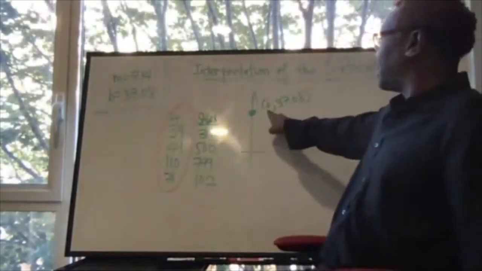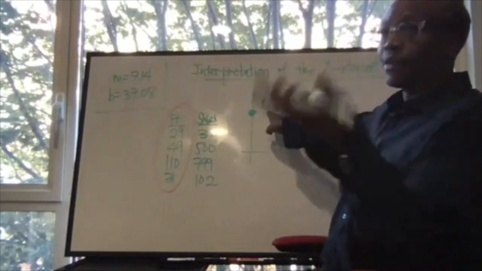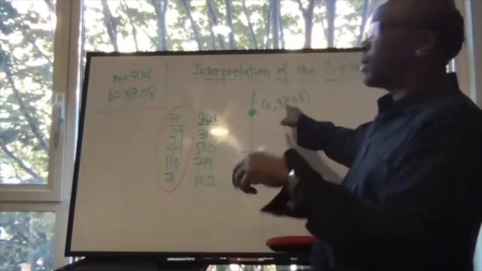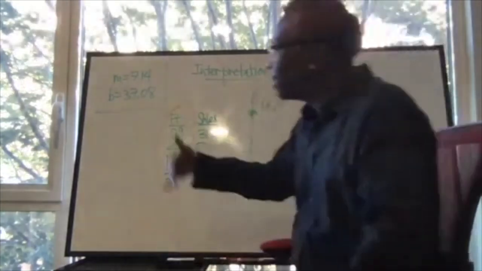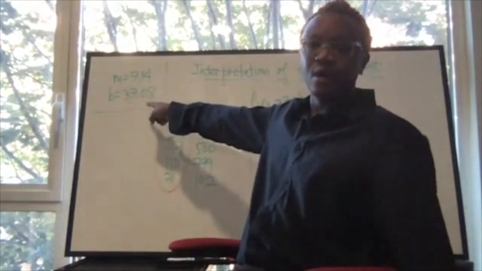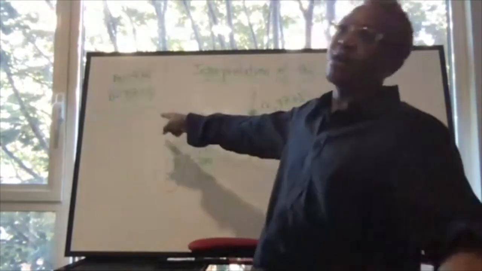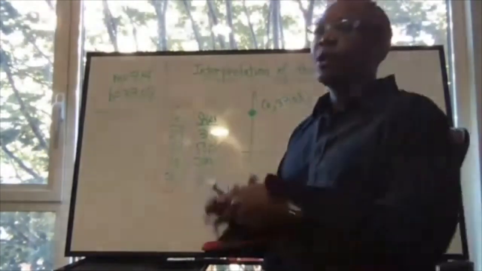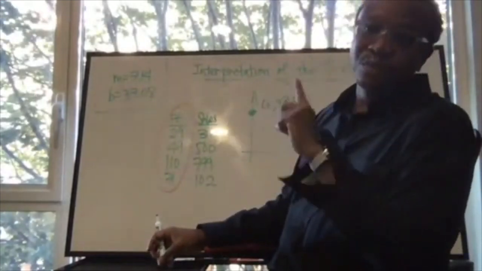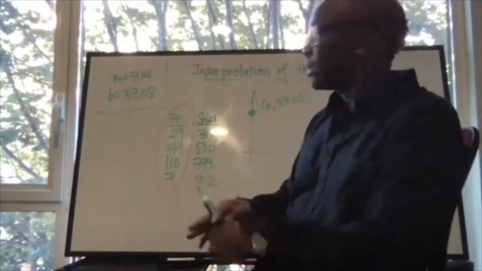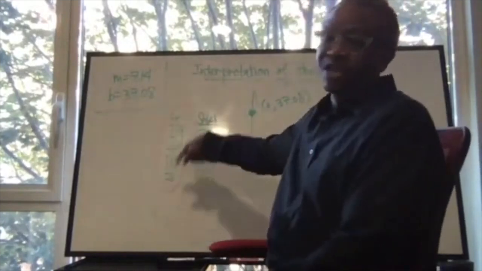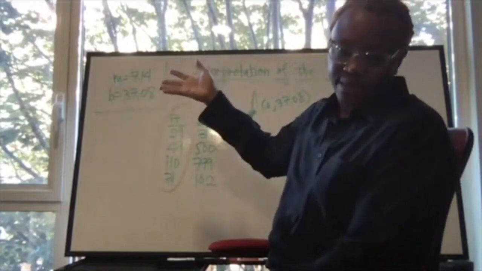Whenever I want to interpret the y-intercept, I always have to consider 0, whatever. Now, we struggled pretty hard to figure out what this b was, 37.08, but when it comes to interpreting it, we may not be able to interpret that particular y-intercept in this problem because 0 is not in this range right here, which ends up being our particular case.